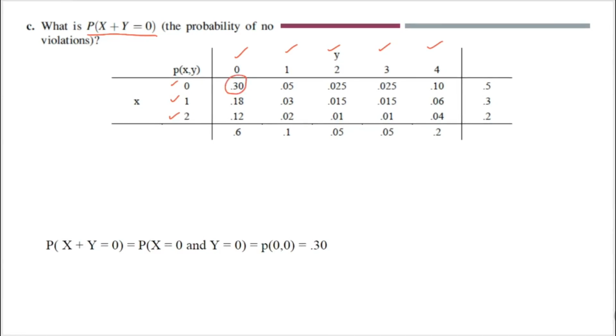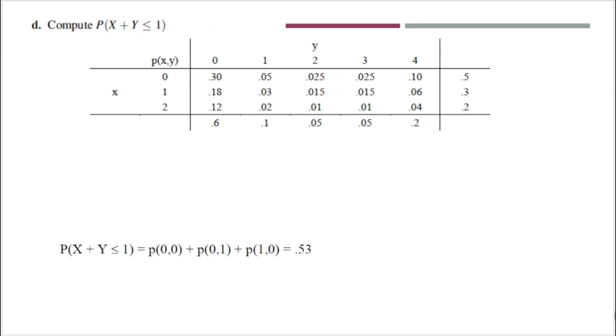So this is the only possibility. If you try to sum any of the other values, 1 plus 1 will give you 2, and so on, then it's not going to satisfy what they want in here. So they say this is the probability of no violations. This one is a direct question where you just read straight from your table because there's only one possibility.